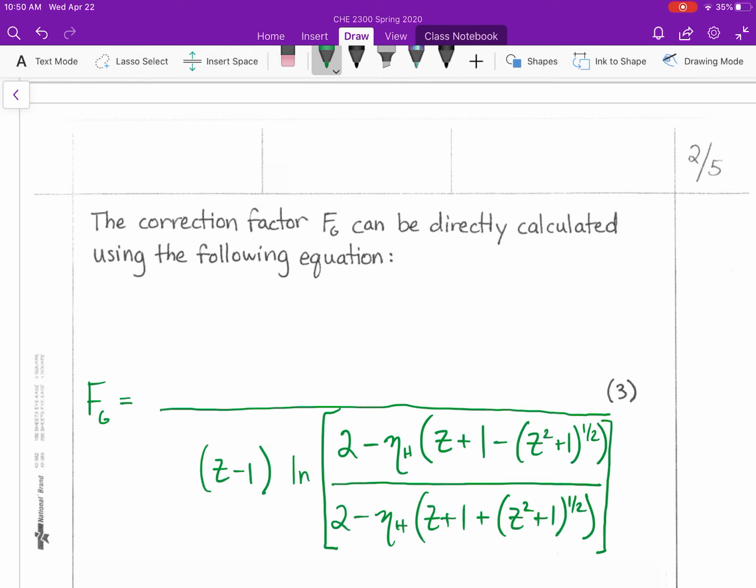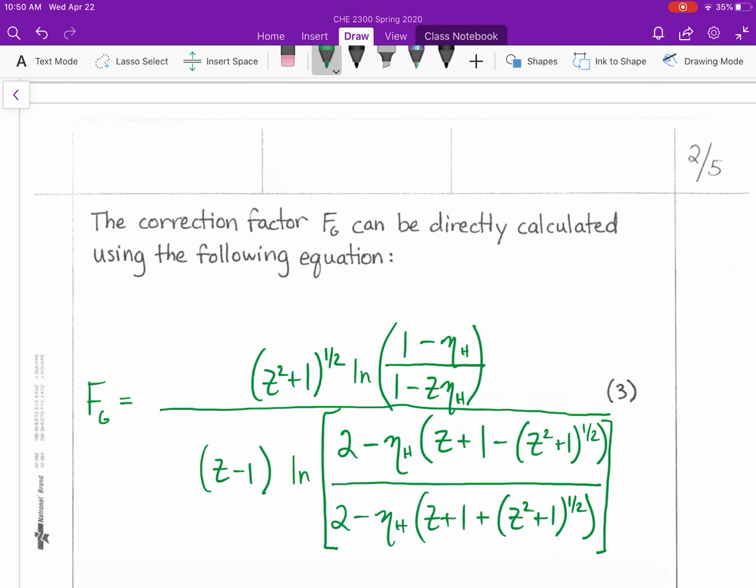That's on our denominator, and in our numerator we have a z squared plus 1 to the 1/2, multiplied by the natural log of 1 minus eta h, divided by 1 minus z times eta h.